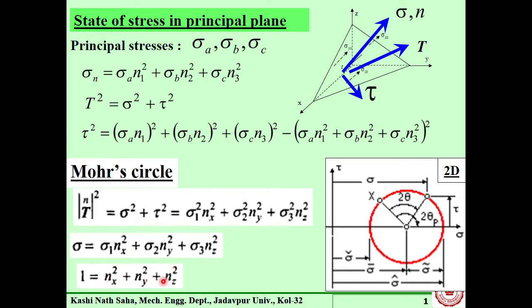Both being 1 is not possible. If any one of them is 1, the others are 0. If this is 1 by root 2 and this is 1 by root 2, then we get whatever it is.